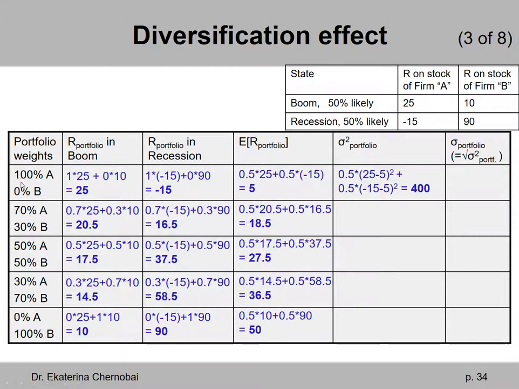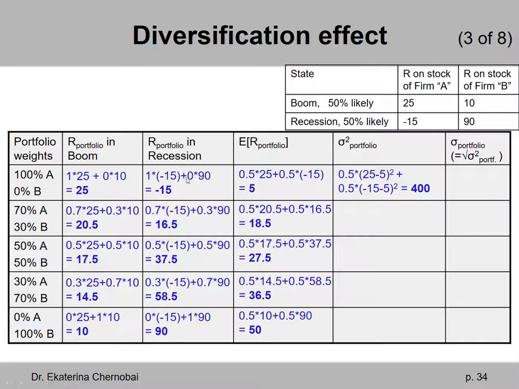So for the first combination with 100% invested into A and 0% of money invested into B shares, we do probability 50% of the boom state multiplied by the return of the portfolio in the boom state, 25, minus the expected portfolio return, 5%.